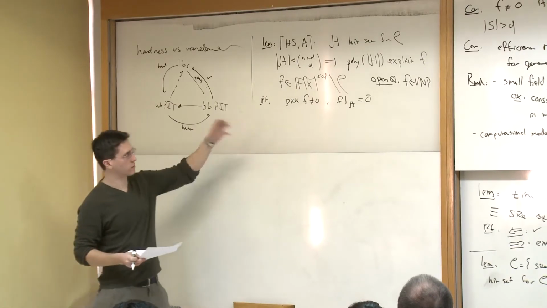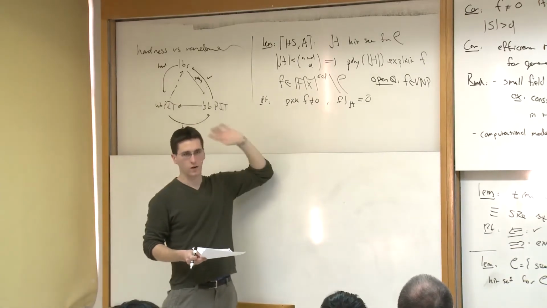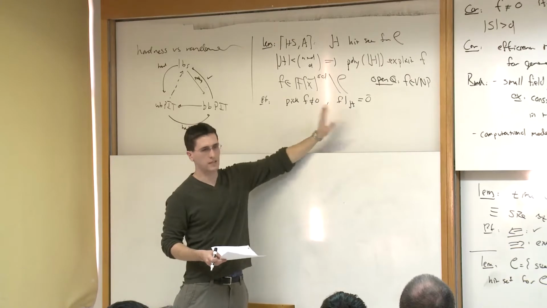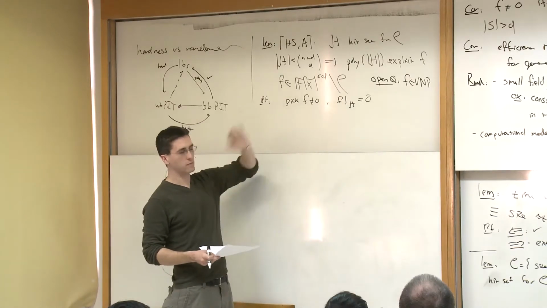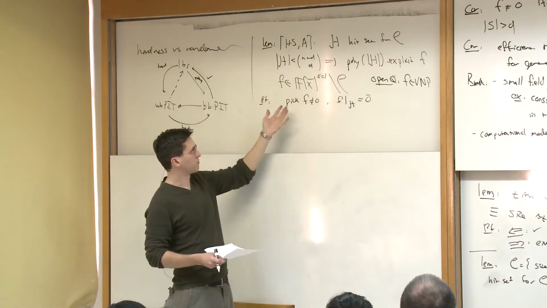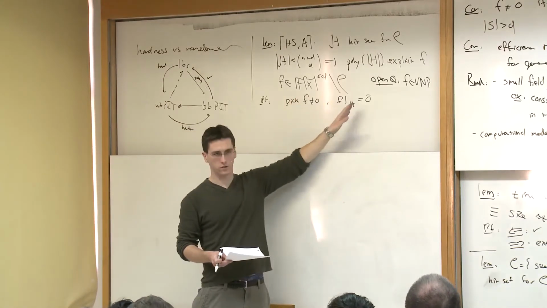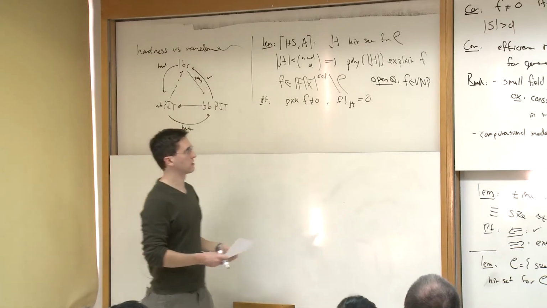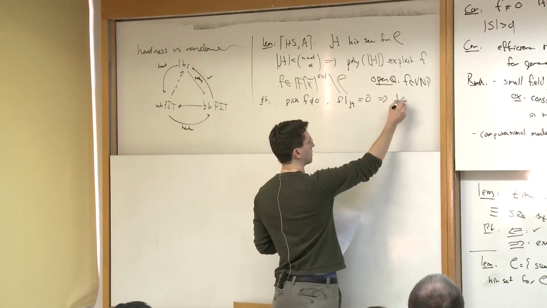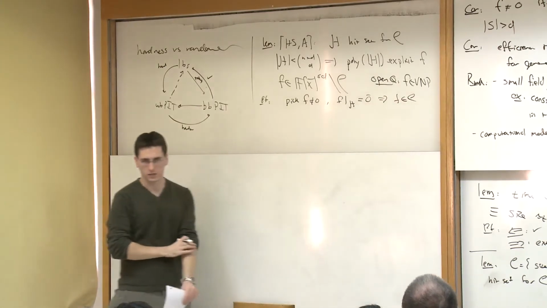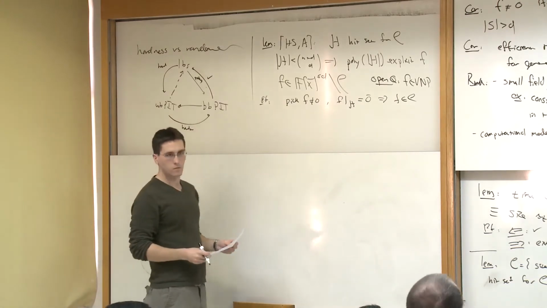It's not clear at the moment that such an f exists, or how we even find it. But suppose we had this property. Then it automatically means that you're outside C, because by definition, if H is a hitting set and f is non-zero, it must be non-zero on H. So this clearly says that f is not in C. But how do we actually find this efficiently, and how do we prove that it exists?